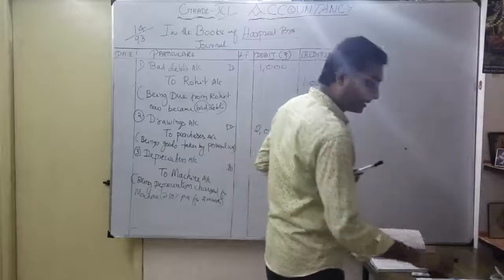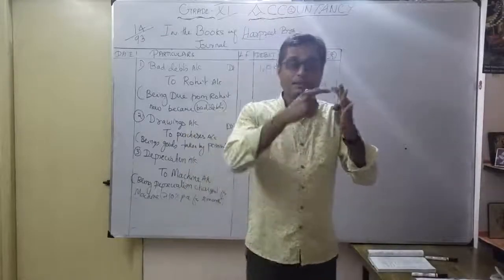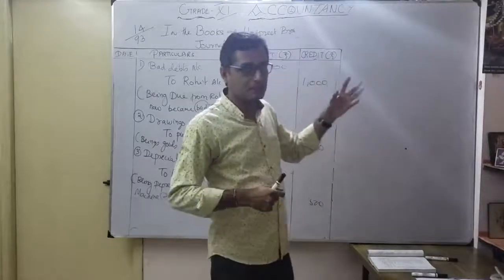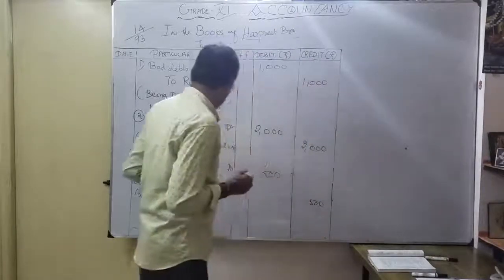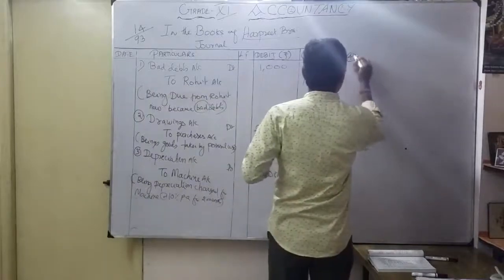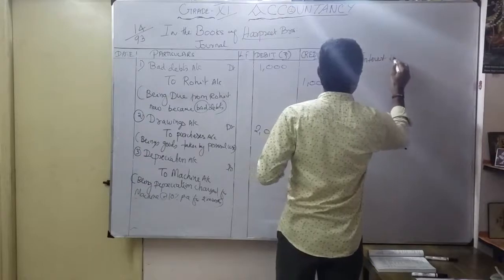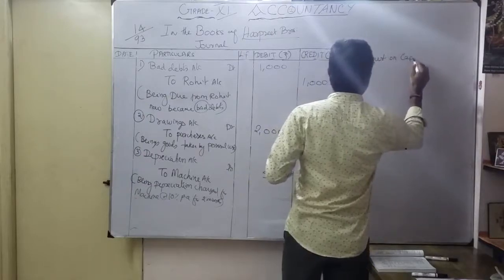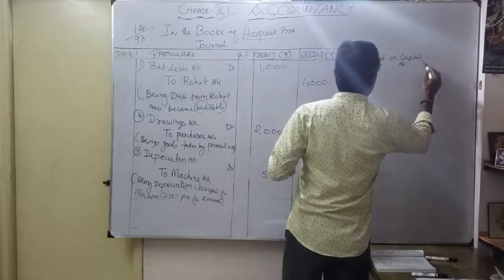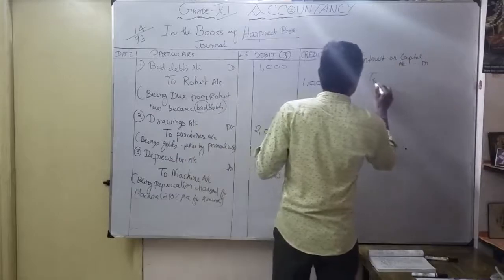Especially for the accountancy notebook, your scale, pencil, thereafter a very good pen, then any color pen for underlining purpose. In continuation of your third one, what is my fourth entry? Interest on capital account debited. What is credit? To capital account.